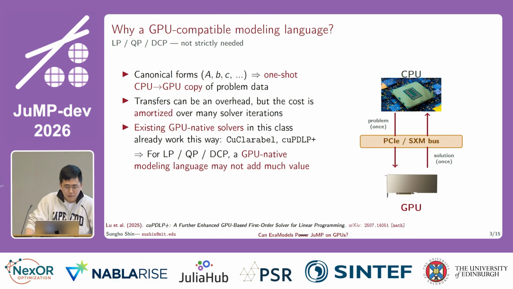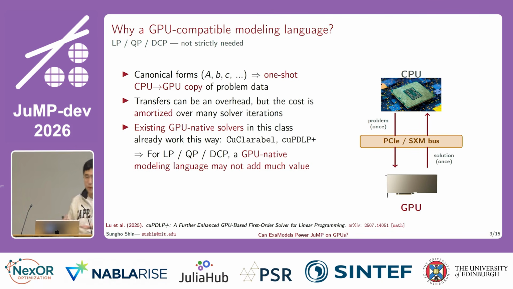So why do we need a GPU compatible modeling language? For LPs, QPs, and convex optimization problems, I don't think we need a separate GPU modeling system. That's because what's going to happen there is that you model the problem, and then it will incrementally construct these cost vectors, the Jacobian and everything. And that's going to have some structure. And then once it is passed to the solver, the solver can take care of everything.